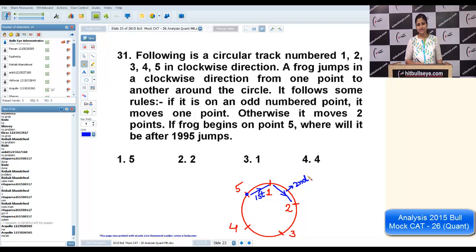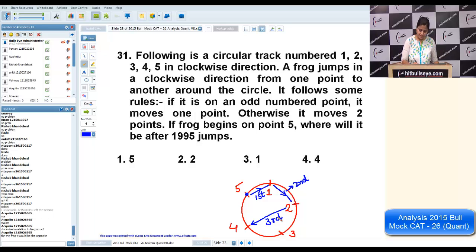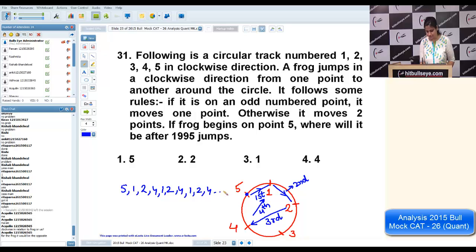Then now it is at 2. Now 2 is an even number, so it will skip 3. It will come to 4. This is the third jump. In the similar manner, it will be the fourth jump. So the sequence will be 5, 1, 2, 4, 1, 2, 4, 1, 2, 4 and so on. I think the rest of the part is manageable.